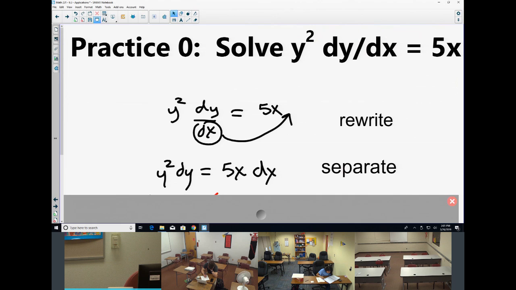Okay, so hopefully you got to this part where you get the y's on one side and the x's on the other side. So this is what we mean by separation of variables. Okay, and then you integrate both sides.